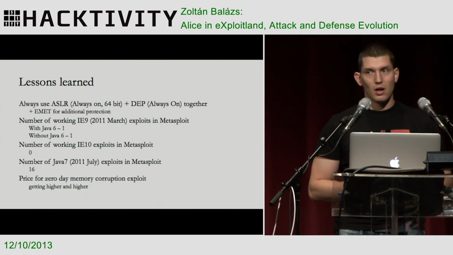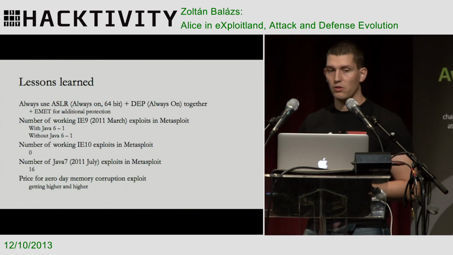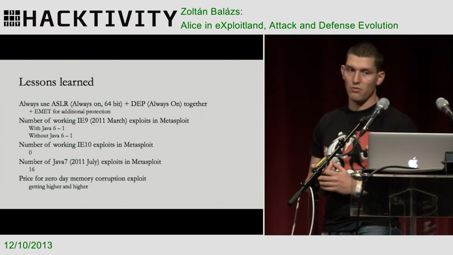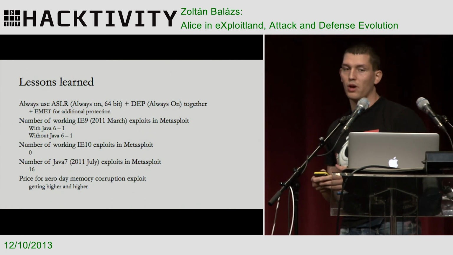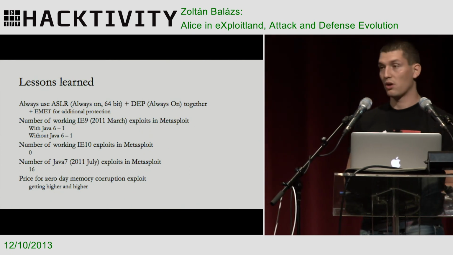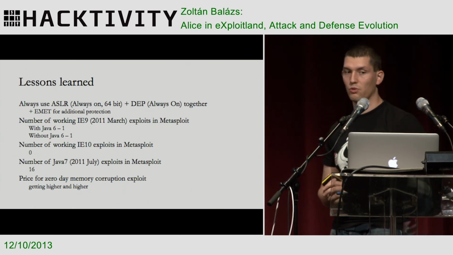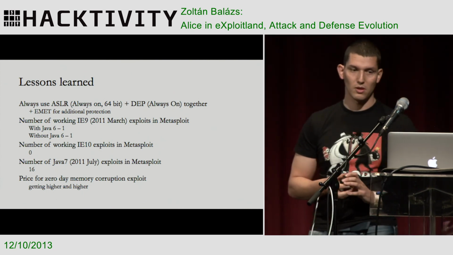And I was searching for some statistics in Metasploit. Internet Explorer 9 has been released in 2011. And how many exploits can you find in Metasploit for IE9? There are only 2 exploits, and for one of them, you need Java 6 in order to work.